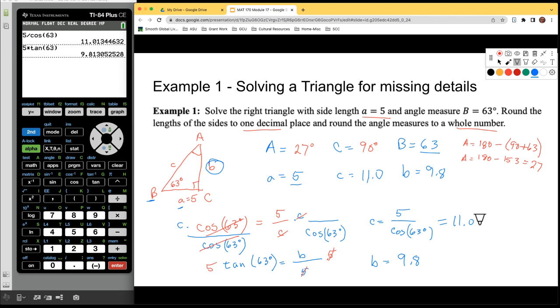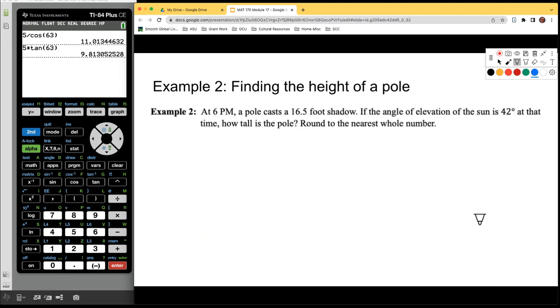All right, so now let's go back to the next example, and as you'll see, there are really only two more examples. Same thing, but this is now applied to finding the height of a pole casting a shadow. A shadow we can generally measure because it's on the ground.